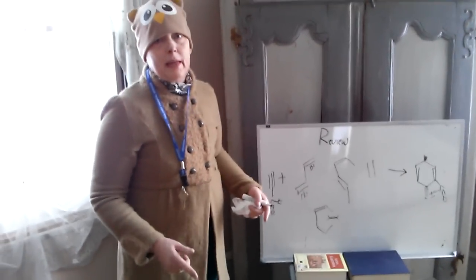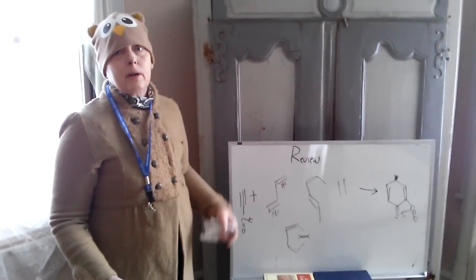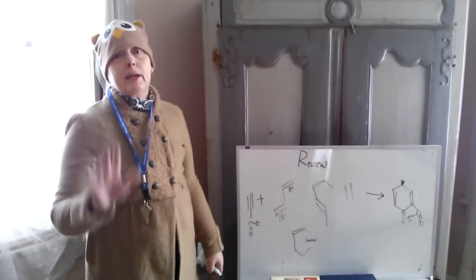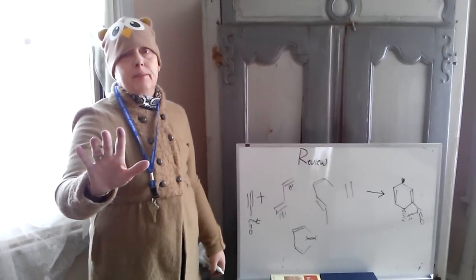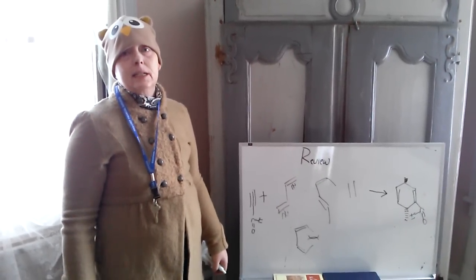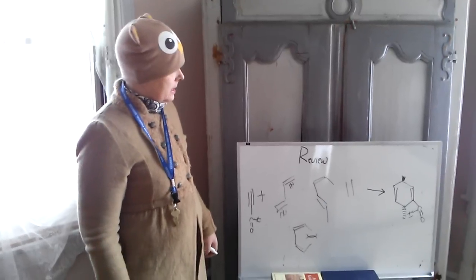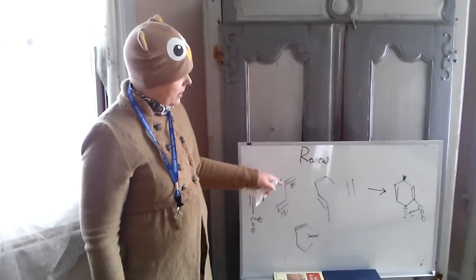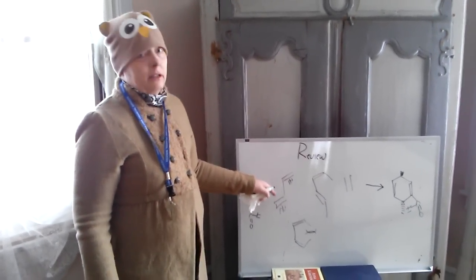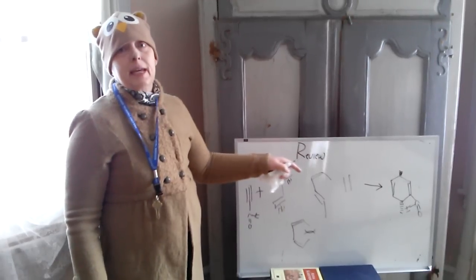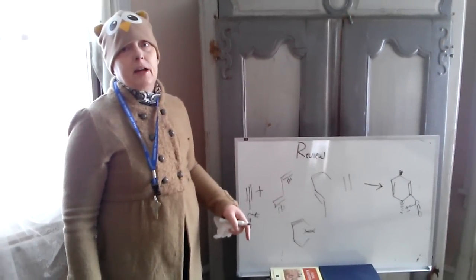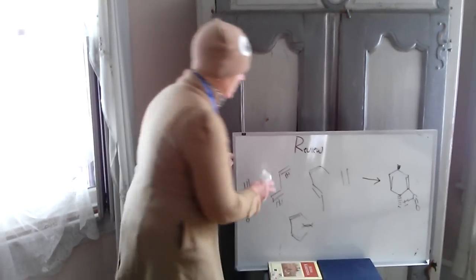They don't have to both be that, one or the other. You also don't have exo and endo, at least that you can evaluate, if you have a trans diene. And remember, the stereochemistry of the diene translates into the product, and the stereochemistry of the dienophile. But I went over that. And that's also on the sheets.